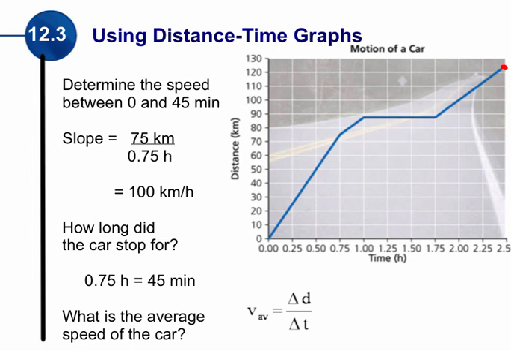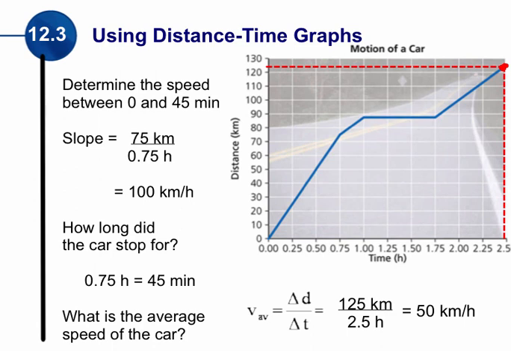At that point, we know how far the car has traveled, we know the time that it has traveled, we just read the data from the graph, going across to the y-axis to find distance, down to the x-axis to find time, and we see that in 125 kilometers, in 2.5 hours, we can find the average speed of this vehicle, 50 kilometers an hour.